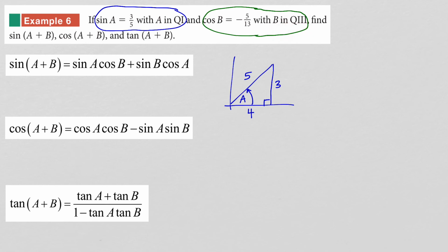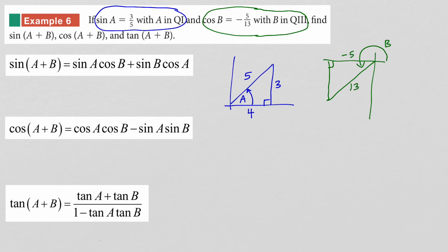And then we'll go ahead and draw a picture of angle B. Angle B is in the third quadrant. So angle B looks something like this. And we know that for angle B, the cosine is negative 5 over 13. And cosine is the adjacent side over the hypotenuse. So that means this side is negative 5 and this side is 13.